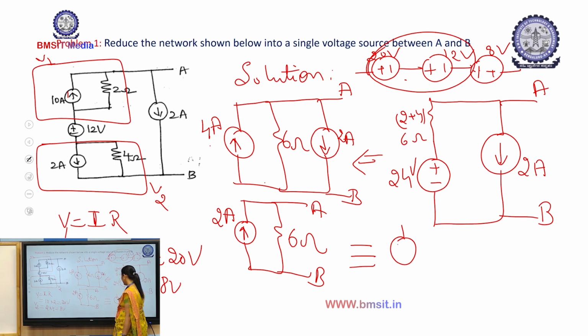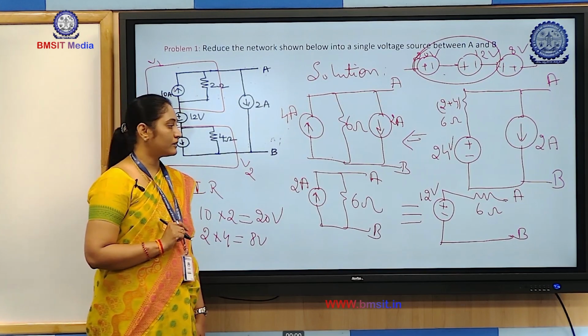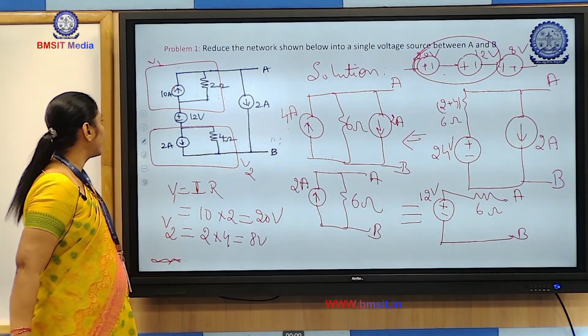So the polarity will be positive upwards, followed by a resistance of 6 ohms between the terminals A and B. What is the value? It will be 12 volts. Okay. So this is the resultant answer for this numerical.